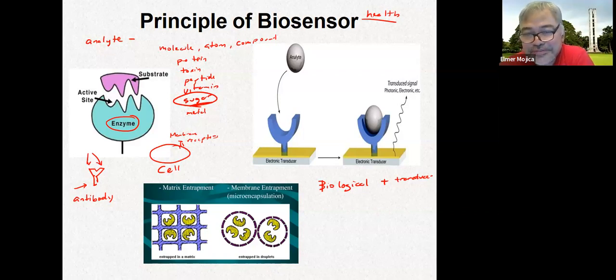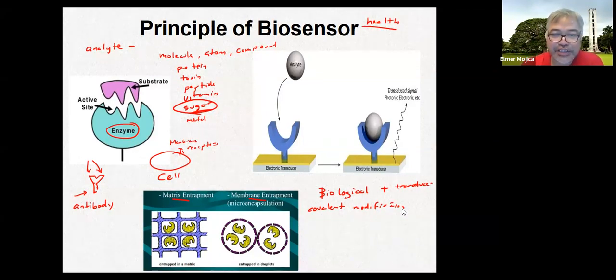Carbon-based electrode. Now, the way to do it is you can do this one. Matrix entrapment or membrane entrapment. You can also do some of this reaction like what? Covalent modification. Ano pa?